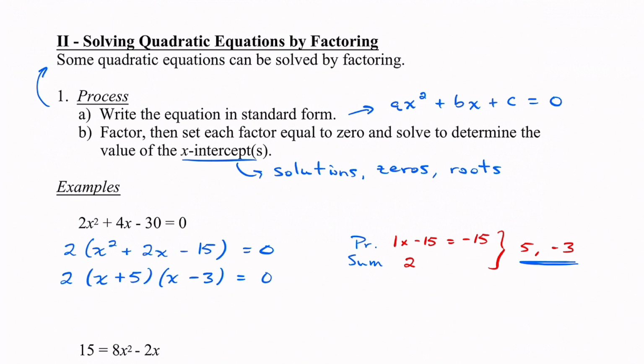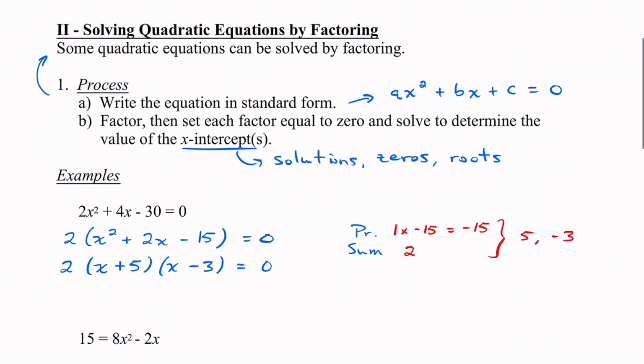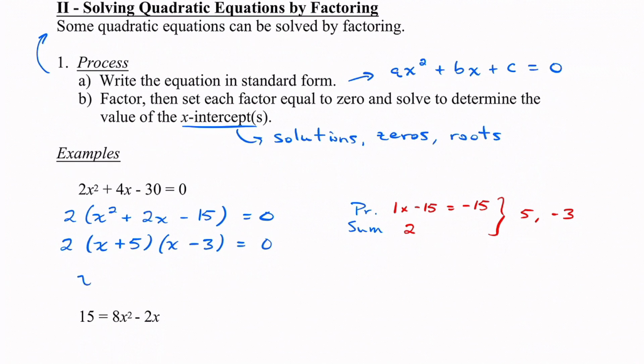These two terms that we just found just went into the brackets there. Then the last part of our step B was to factor these, which we just did, and then set them equal to 0 and solve to determine the solutions, zeros, roots, or x-intercepts. So I'm going to take x plus 5, set this equal to 0, and then solve that equation.